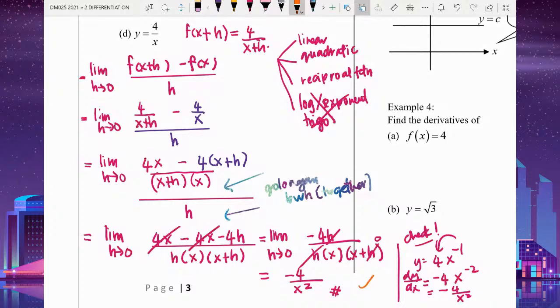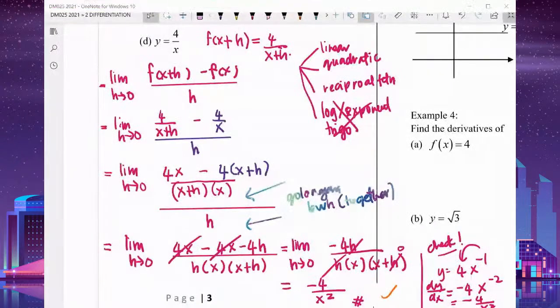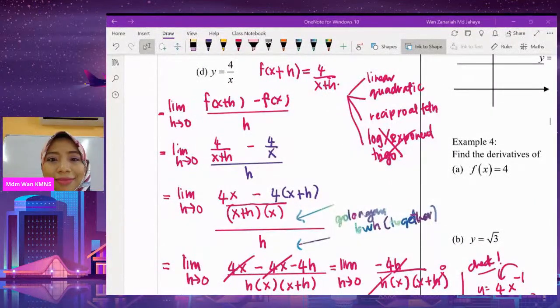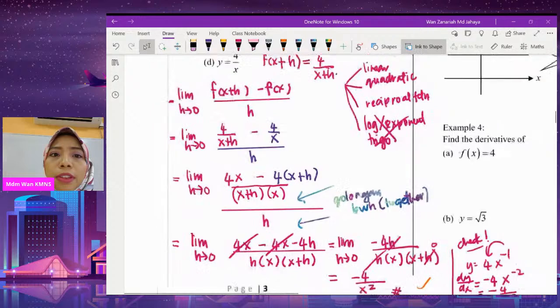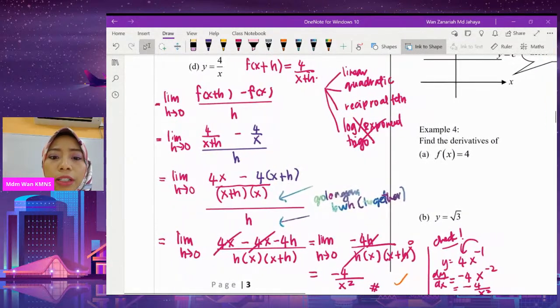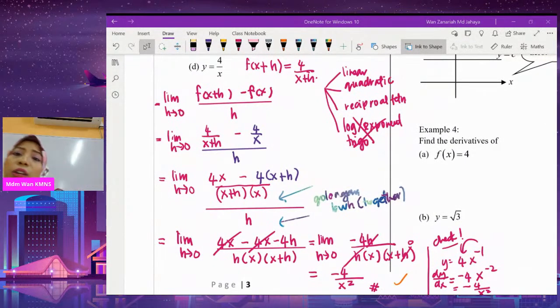Okay, that's it for today. I really hope that you understand what it means by finding derivative using the first principle. Sorry, let me zoom out a bit. I hope you have mastered finding derivative using the first principle for linear function, for quadratic function, for the combination of quadratic and linear function, and lastly the reciprocal function.